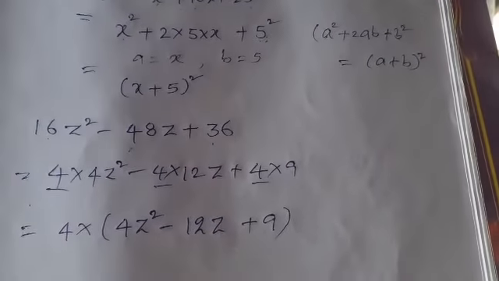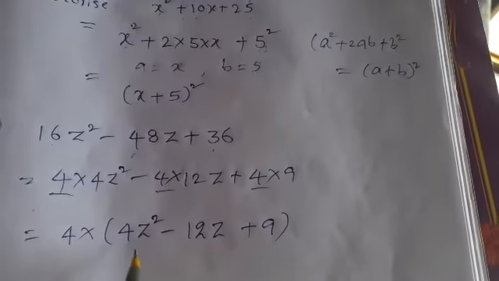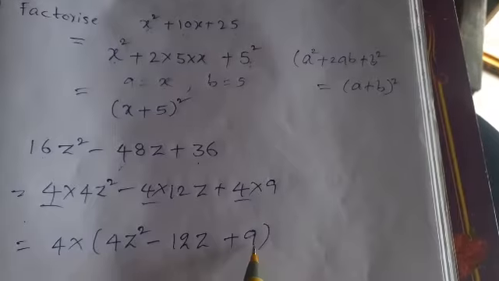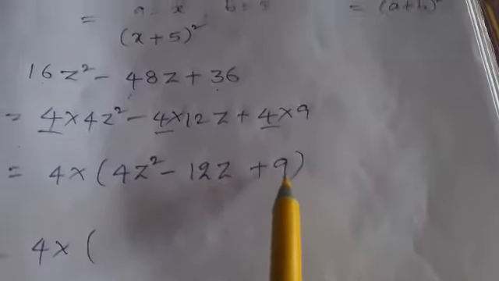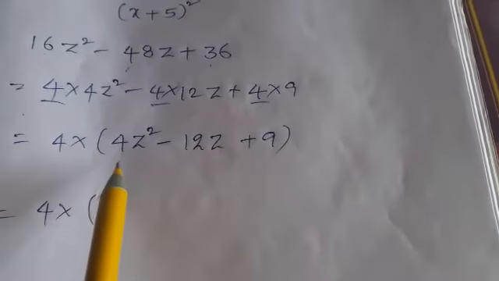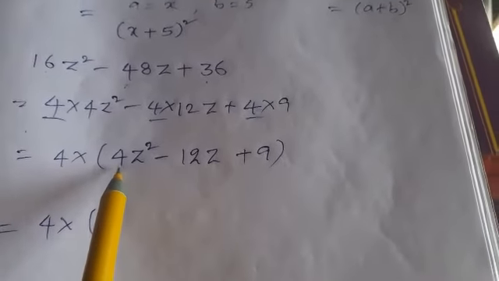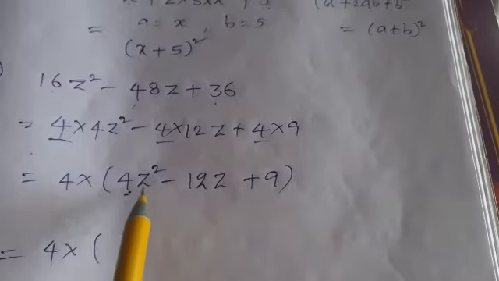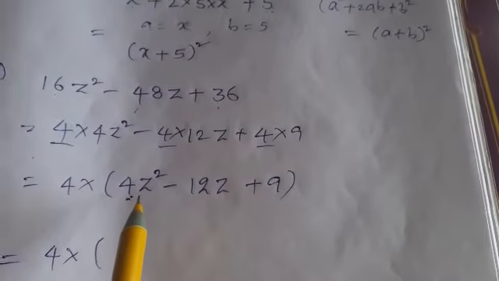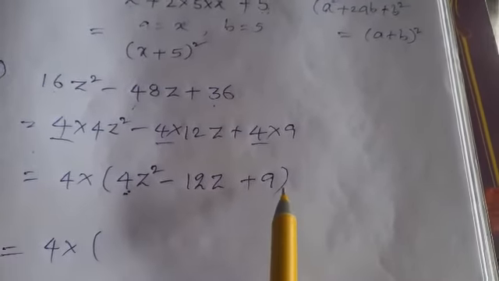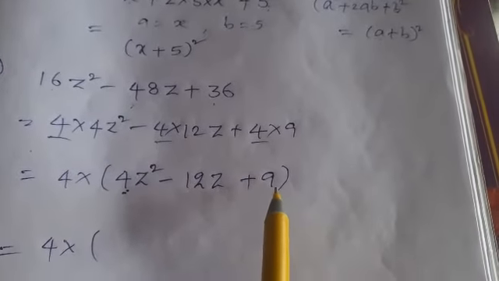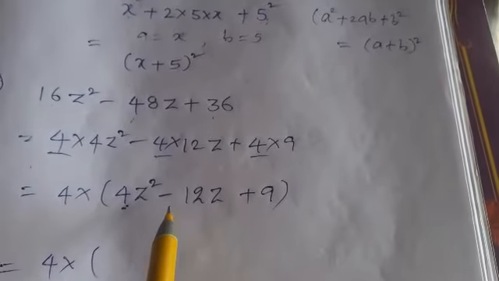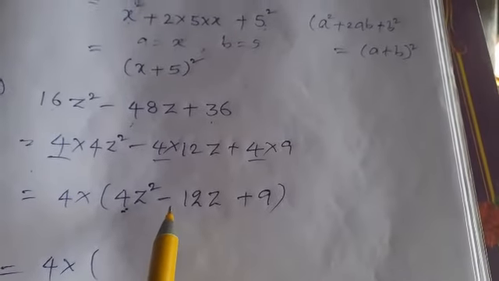Now if you look here, the first term is 4z square and the last term is 9. 9 can be written as the perfect square 3 square, and 4 is a perfect square, 4 can be written as 2 square, so 2 square z square is (2z) whole square. The first term (2z) whole square is a perfect square, and the last term 3 square is also a perfect square. In the middle we have a minus symbol, so we can use (a - b) whole square.